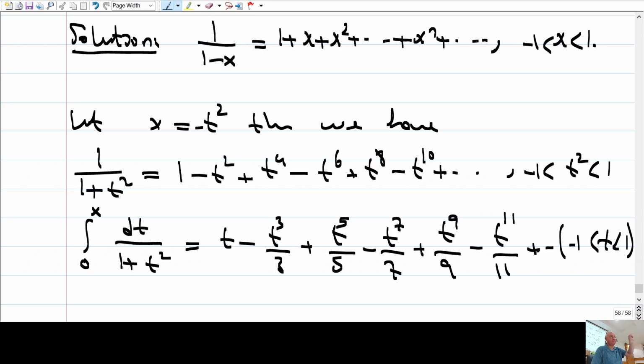Here the center is 0. So if it is convergent, let's say at 2, it should be convergent at minus 2 because the intervals are symmetric with respect to the center. Okay, so if it is convergent for some positive numbers and if the center of the interval is 0, then it should be convergent for the negative of those numbers.